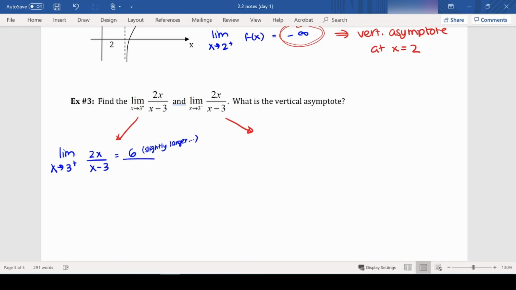On the bottom, what's going to happen is if you plug in something like 3.1 or 3.2 or 3.01, that bottom, the closer you get to 3, that bottom number is going to get really close to 0.